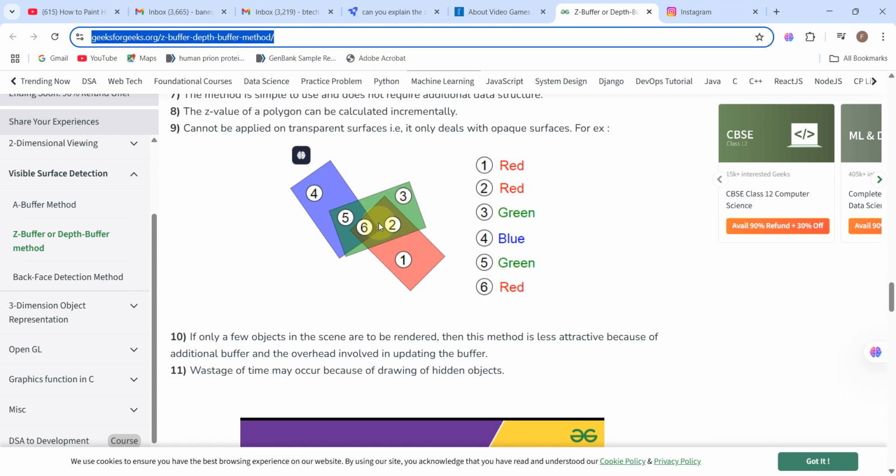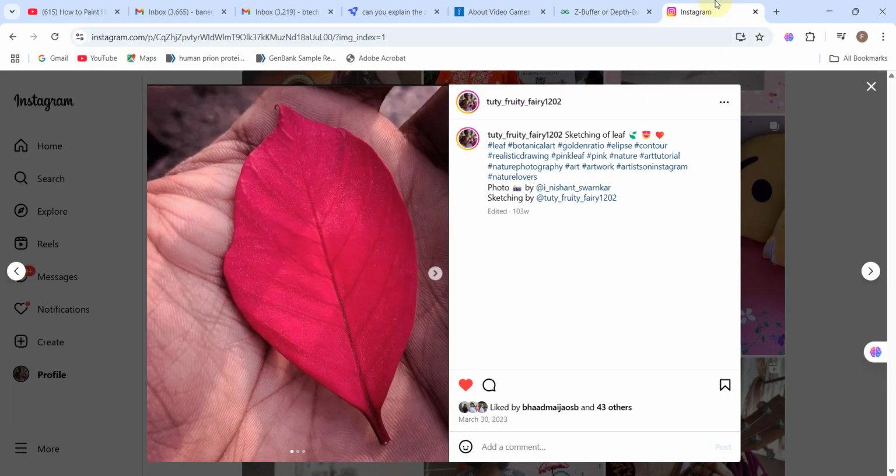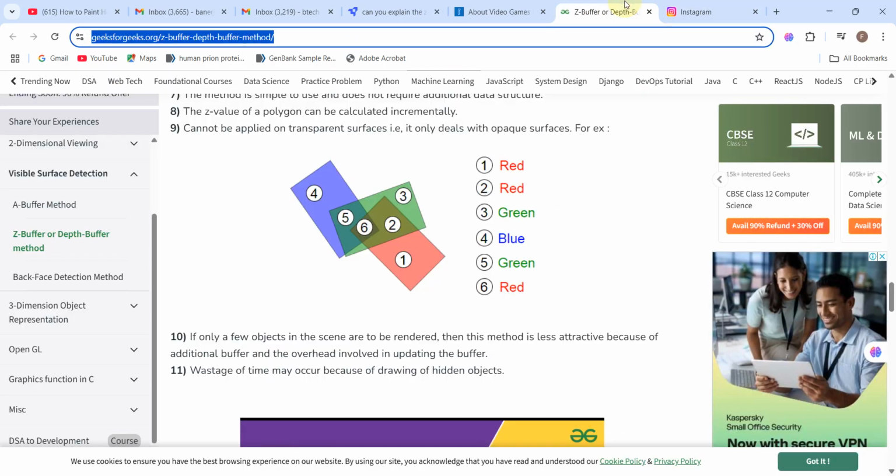But we are working with exactly opaque objects, where I showed you the example of books where you can't see through, or that leaf sketch, right, where you can't see through the hand's colors. They're mainly talking about opaque objects, strictly not transparent objects, as it is showing here in this blog. So keep in mind that there is a little bit of error here.